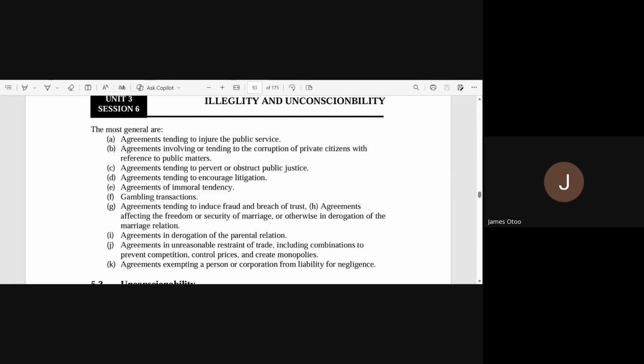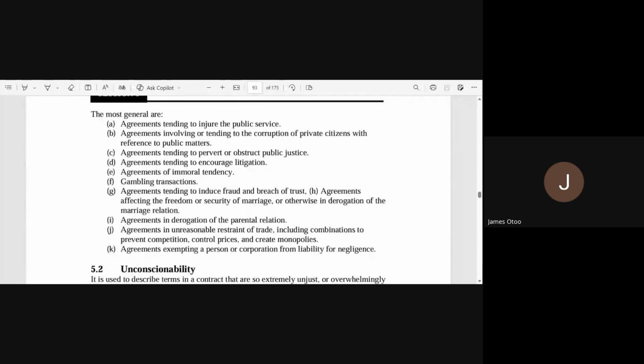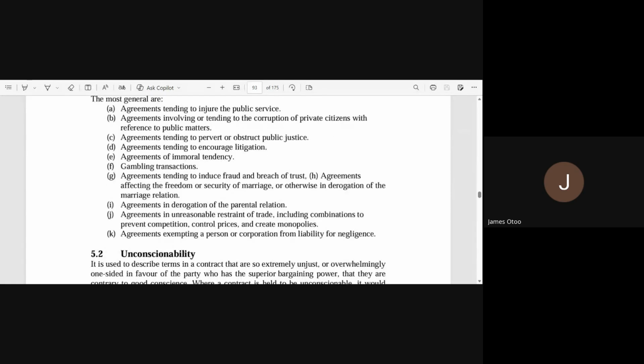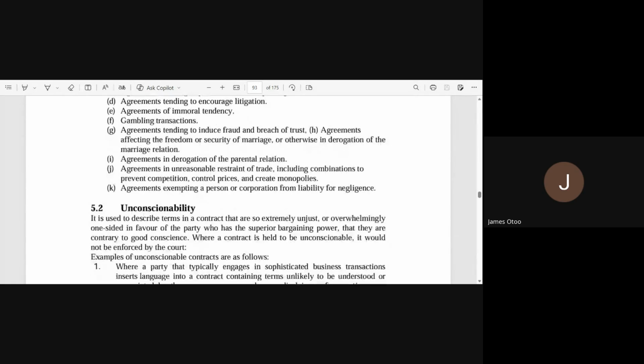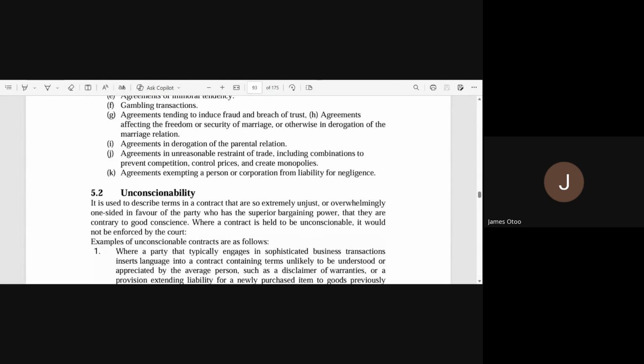Agreement that perverts or obstructs public justice. You take a bribe, you give a judge a bribe. You agree to encourage litigation, immorality, indecency, gambling transactions. Agreements to induce fraud and breach of trust. Unreasonable trade restraint. All these are against public policy, and therefore the court will not enforce such contracts.